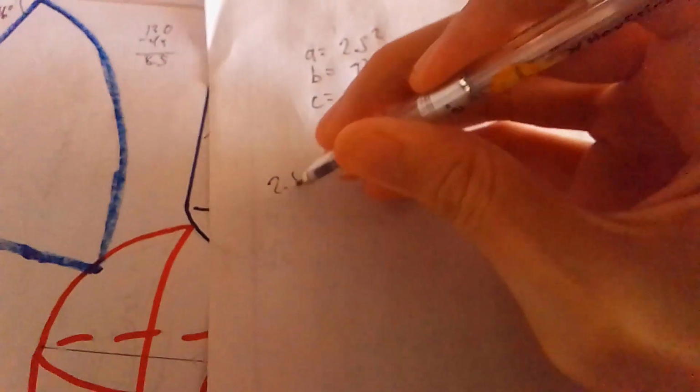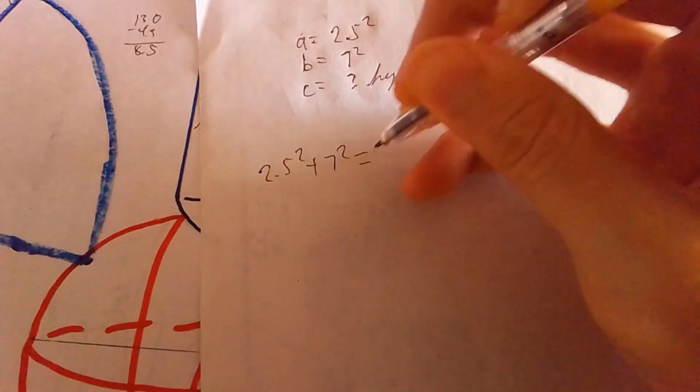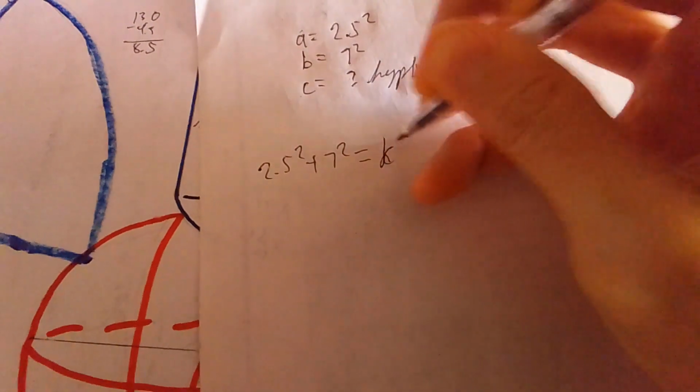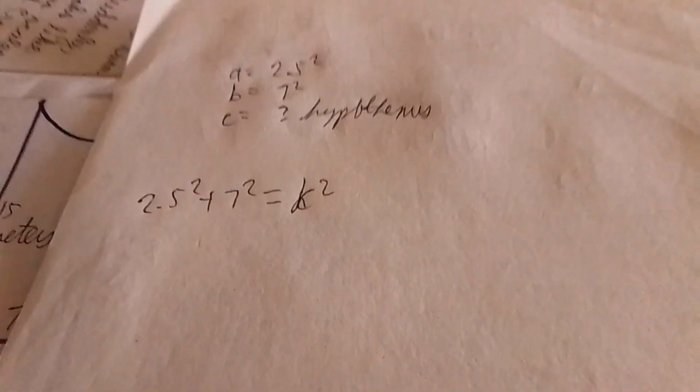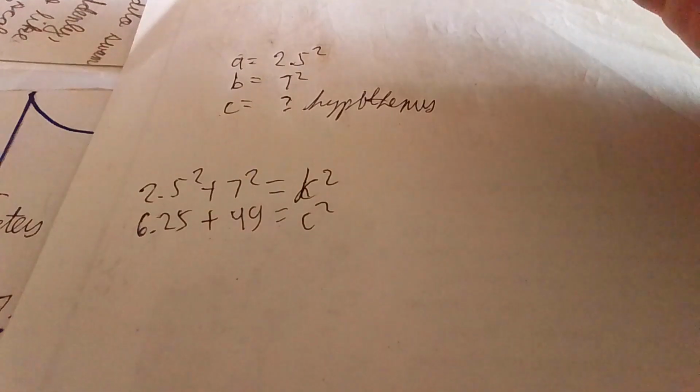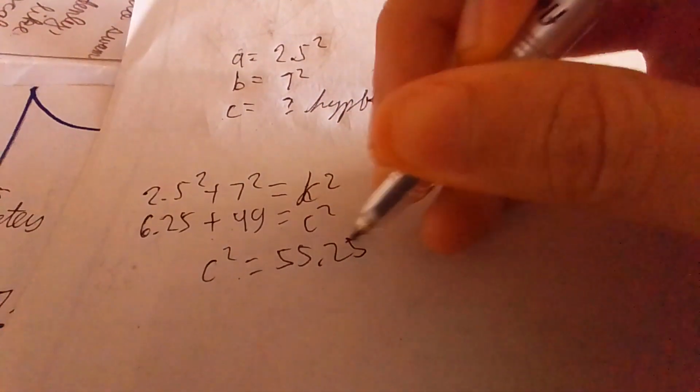Okay? So, therefore, it's 2.5 squared plus 7 squared equals C squared. Whichever you call it. Alright? We know that 2.5 squared is 6.25. Ang 7 squared ay 49. Equals C squared. So, therefore, C squared is equivalent to 55.25.